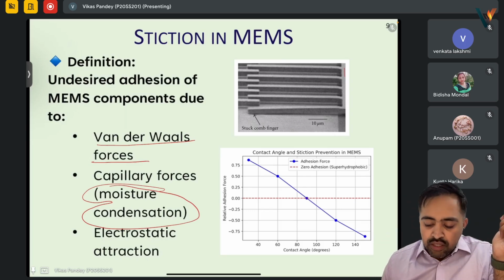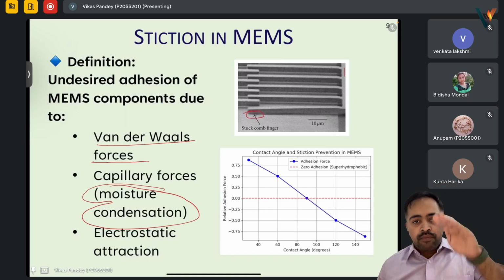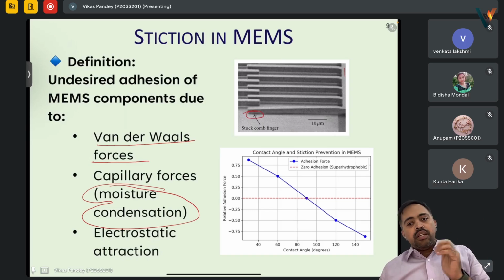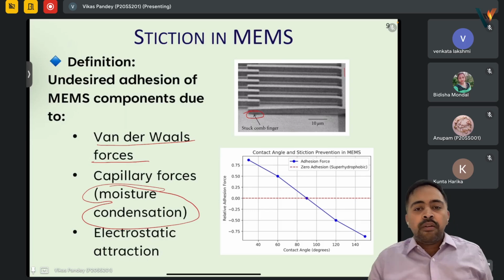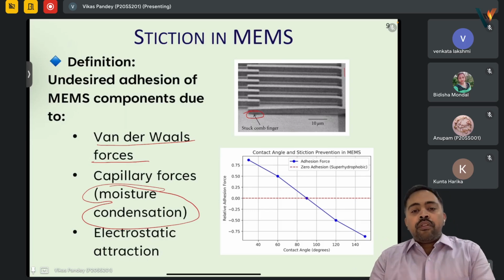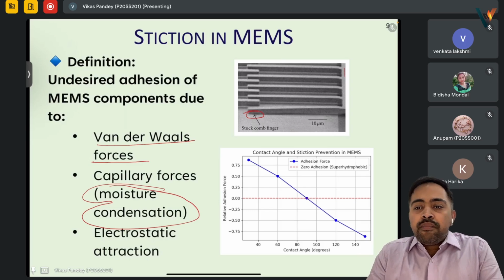Like if you see here, this comb finger is stuck due to adhesion. It got attracted towards the substrate and it gets stuck there. And as such, the whole structure will be stuck. So, what can be done? Yes, anyone?